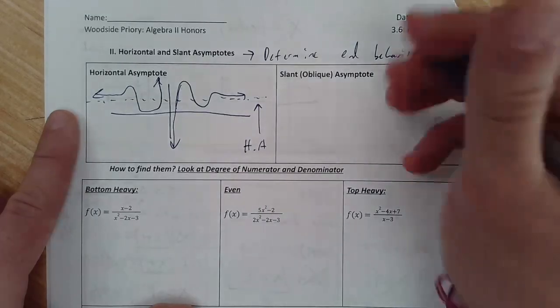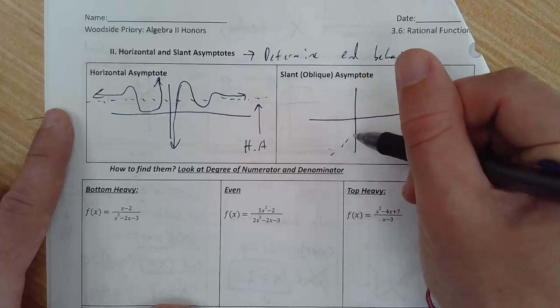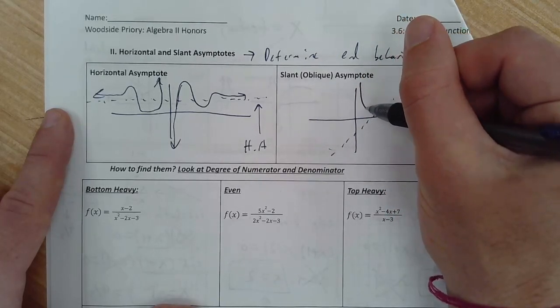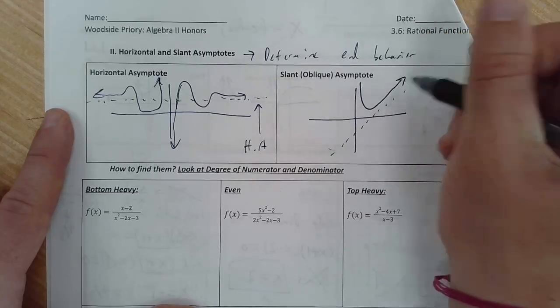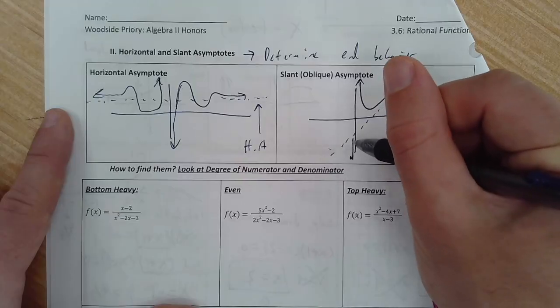Make sense? Slant or oblique asymptotes are really similar. They're equations that the function approaches in the long run. So it could look something like this.